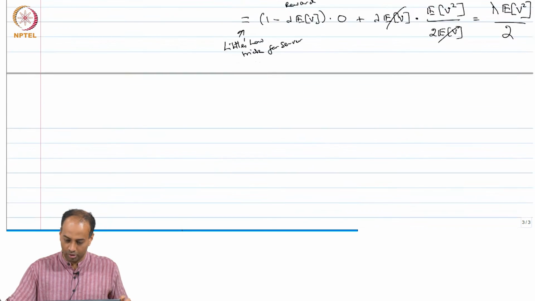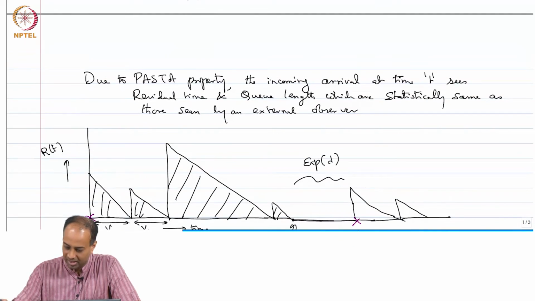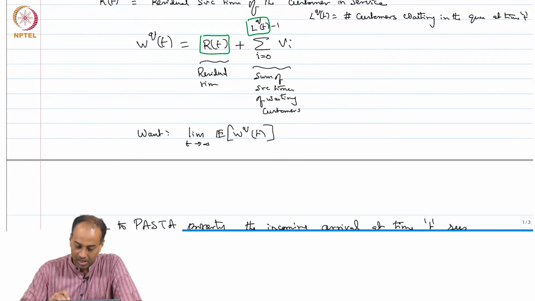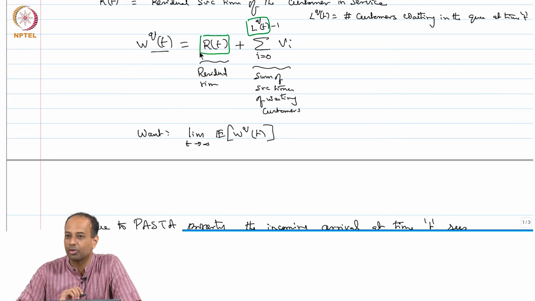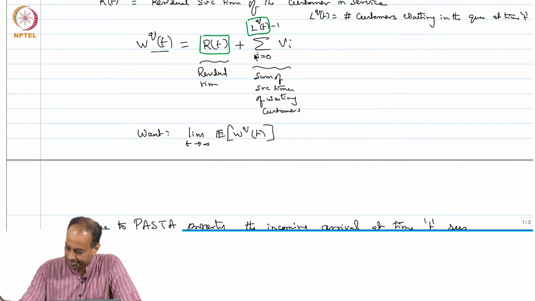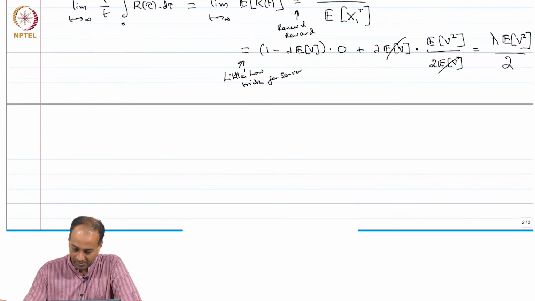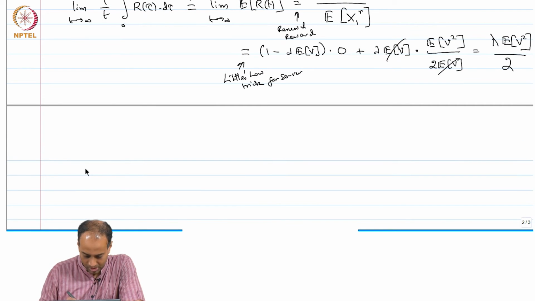Good. So, we have this term. In this equation I want expected Wq of t, which is this guy. I have expected R of t as t tends to infinity. I just have to figure out what the second term is. So, go back to that equation.